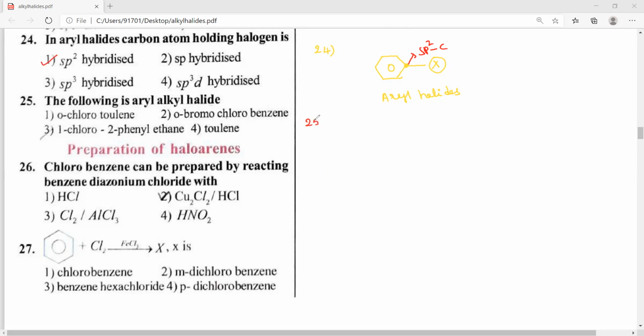Now let's see the 25th question. Which of the following is an aryl alkyl halide?